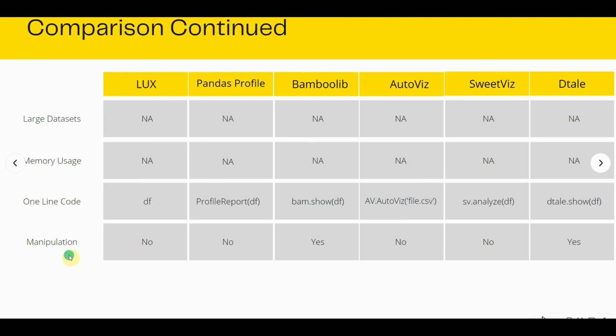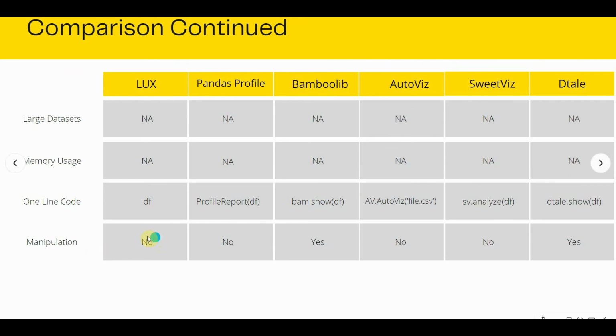Manipulation is one thing which I felt is very important to include in our comparison. What I mean by manipulation is, once you load the visualization tool, are you able to manipulate or make changes on the data frame? Can you change the column name, or make any kind of modifications on a column? For example, if I want to create a column on the fly, can I do that using the visualization tool?